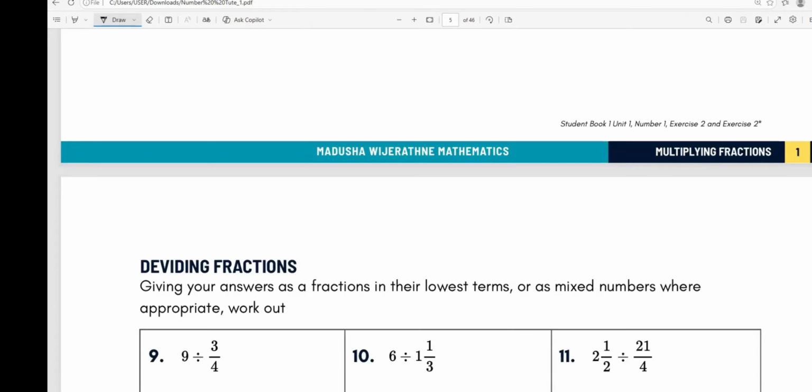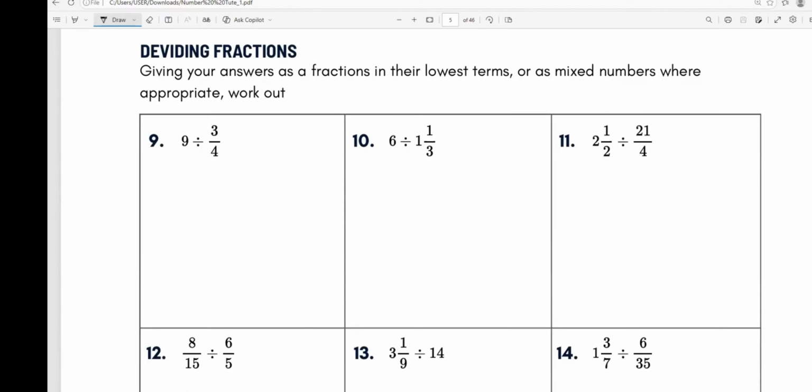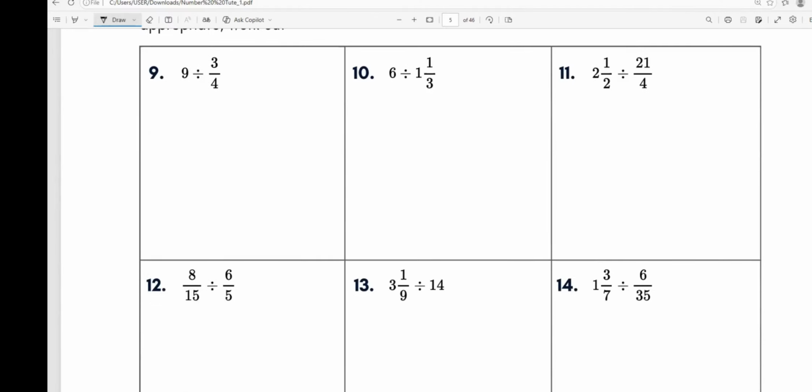If others don't have any questions to ask, you can leave. The 10th one, first one, it's a whole number, and 6 is a whole number. 1 over 3 is a mixed number. Yes. 6 over 1, convert this into an improper fraction. When we are writing the final answer, we again convert back into a mixed number.